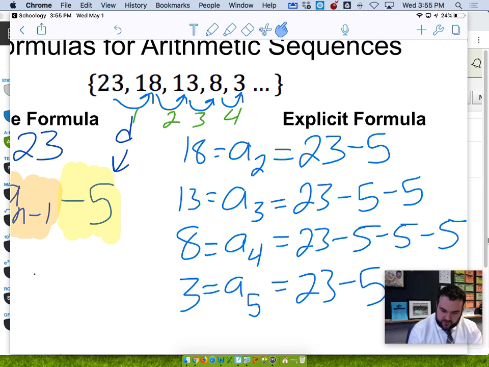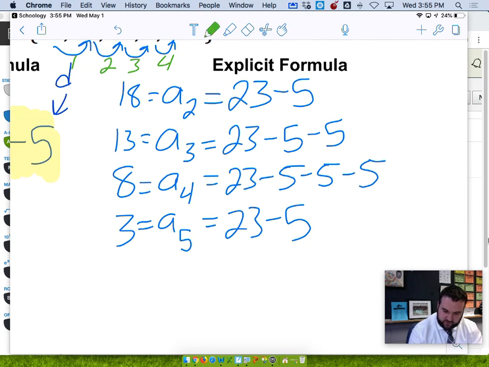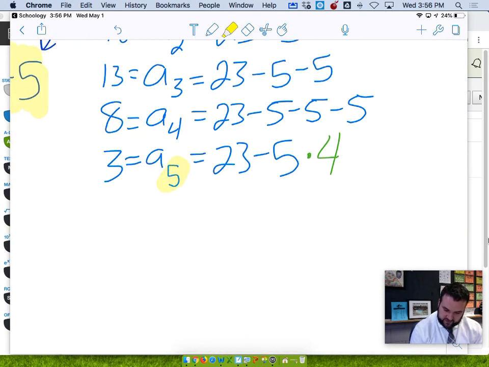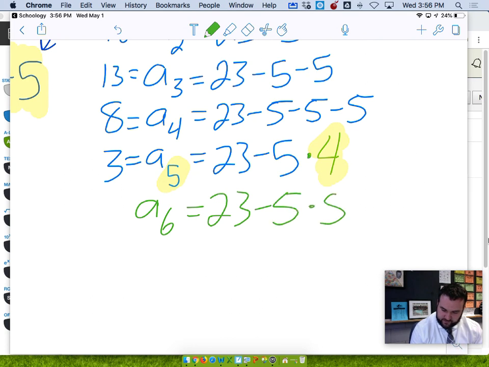So from the first term, I'm going to subtract 5 4 different times, but a shortcut for that is I can just do minus 5 times 4, which allows me to stop writing minus 5, minus 5, minus 5, minus 5. So then if you can imagine the relationship between this number and this number, to get the sixth term, I'm going to take 23 and minus 5 5 times.